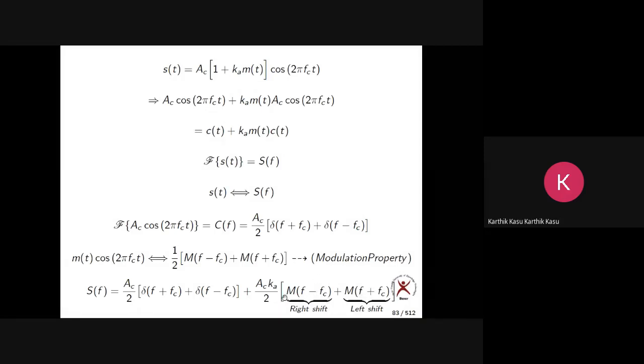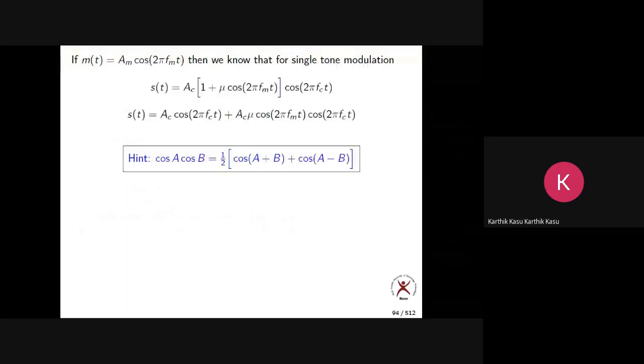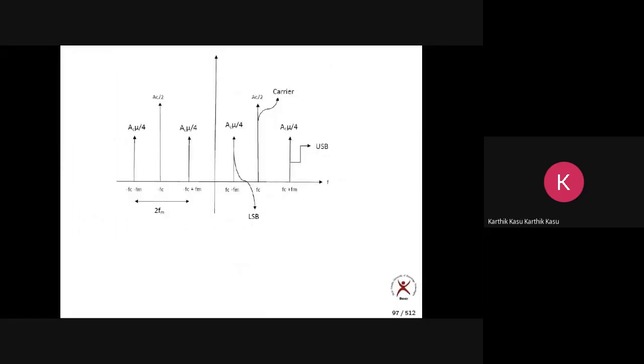What is M of f? That is the Fourier transform of M of t. So your spectrum depends upon your message signal. If the message changes, the spectrum changes. So there is no unique spectrum for AM. It depends upon what your M of t is.